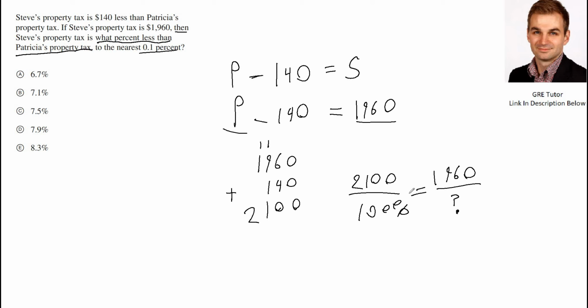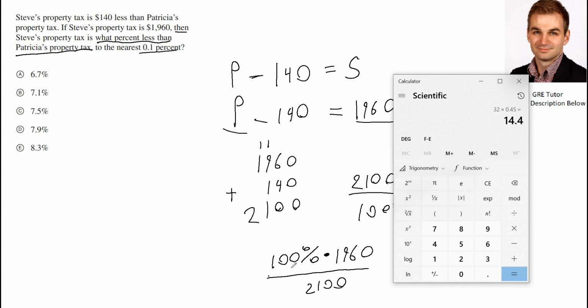Alright, so you just create this ratio. You know that Patricia's is 100. What is Steve's? So cross multiply and divide. Cross multiply and divide means whenever you go diagonally, you cross. Whenever you go horizontally or vertically, you divide. And then it gives you your answer. So 100% times 1960 divided by 2100 is, and of course whenever you do percentages you just pull the decimal over twice.